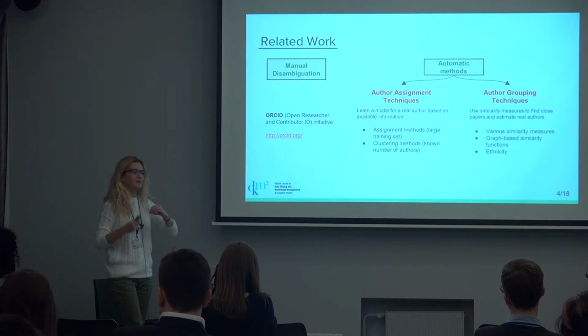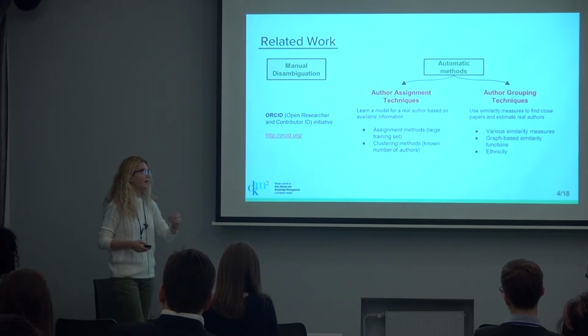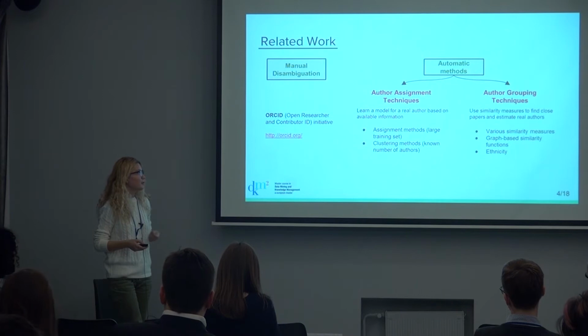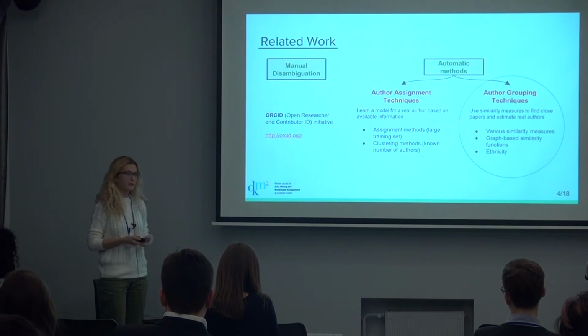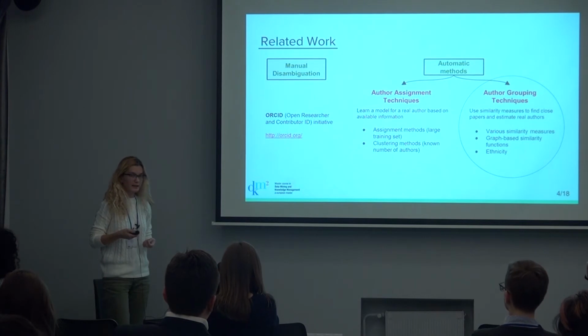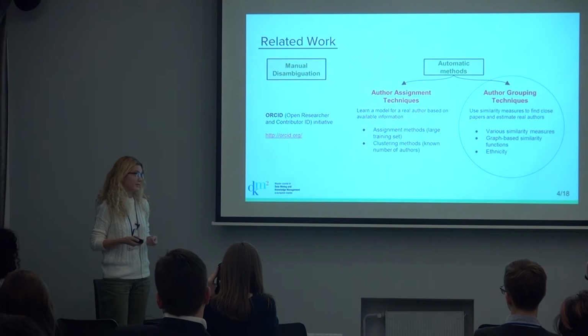So this article is assigned to John Smith. And there are also author grouping methods, which are actually the ones we are using, and they use similarity measures. So looking at how similar two signatures are, trying to predict if two articles are by the same author or not.